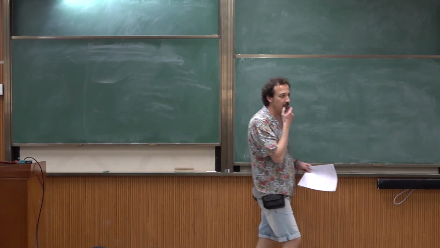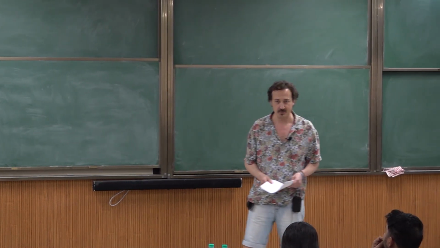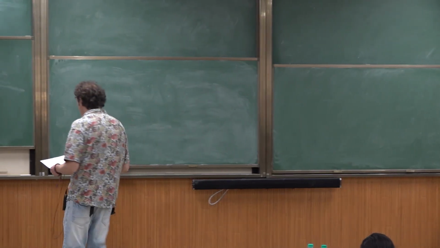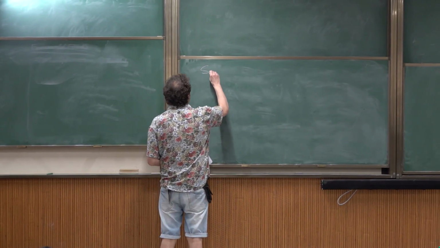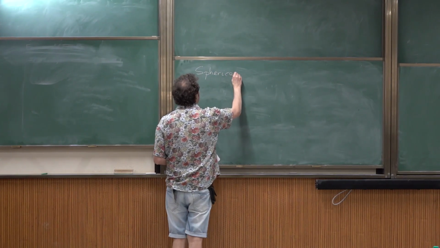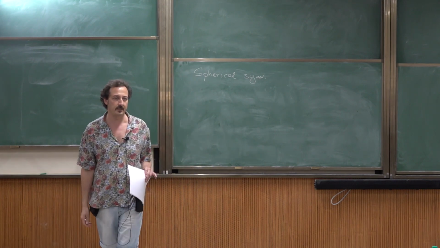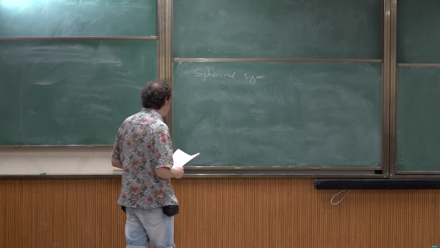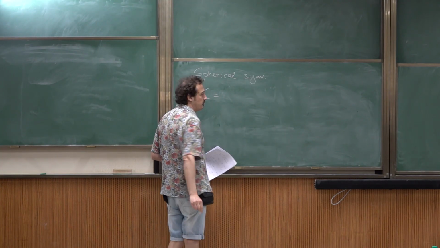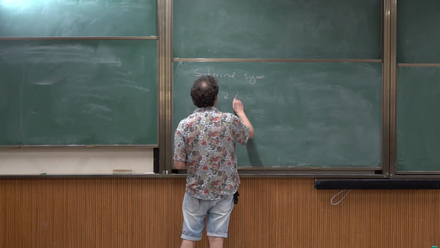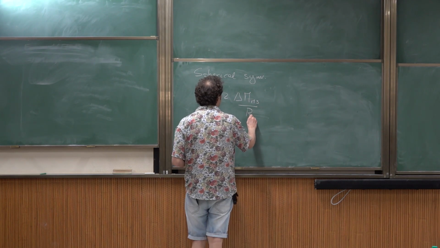Let me give you a brief summary of what we discussed yesterday in the first lecture. So what do we have so far? If we assume spherical symmetry, and then we'll justify it, we can define a function that I call the compaction function, which is 2 times the Misner-Sharp mass divided by the area radius.